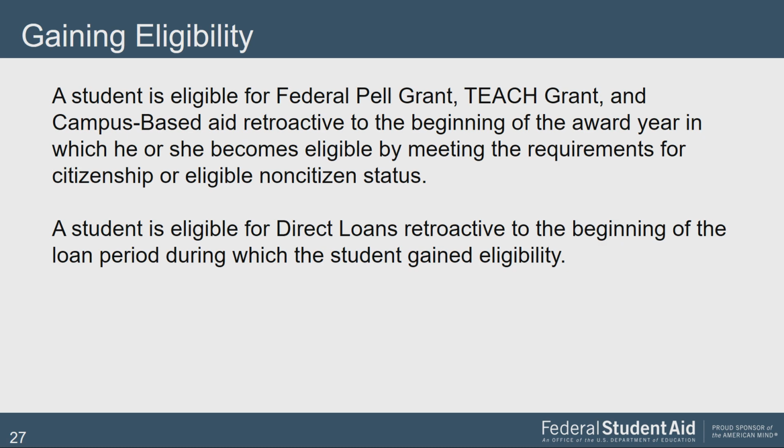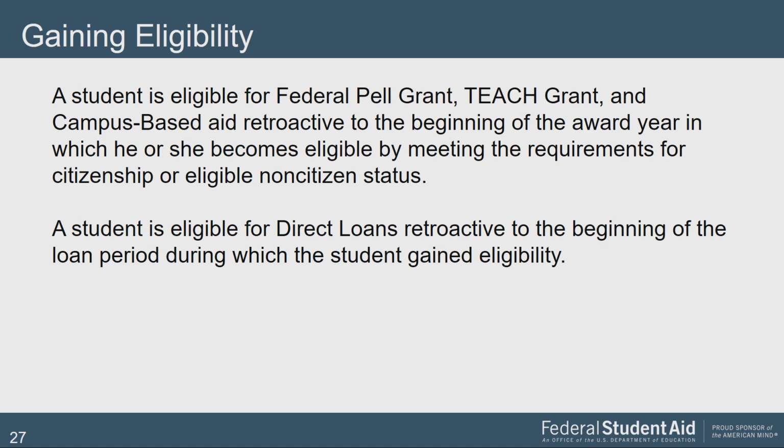Well, in the event that that happens, there are some provisions in our regs that may still allow the student to get awarded. A student is eligible for federal Pell Grant, TEACH Grant, and campus-based aid retroactive to the beginning of the award year in which they become eligible. And a student is eligible for Direct Loans retroactive to the beginning of the loan period during which the student gained eligibility.